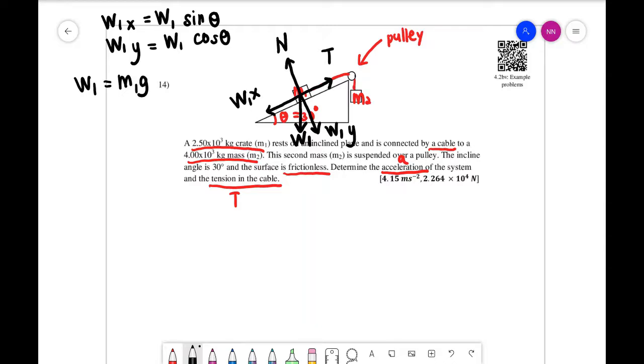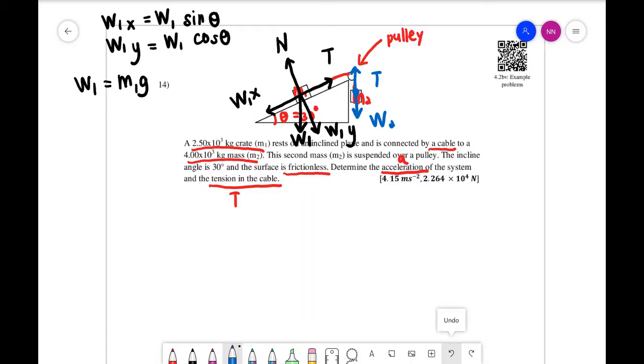Okay, so this one is for M1. How about M2? For M2, it has weight W2, the weight of mass 2, and it is also connected to the cable, so it has tension T, away from M2.